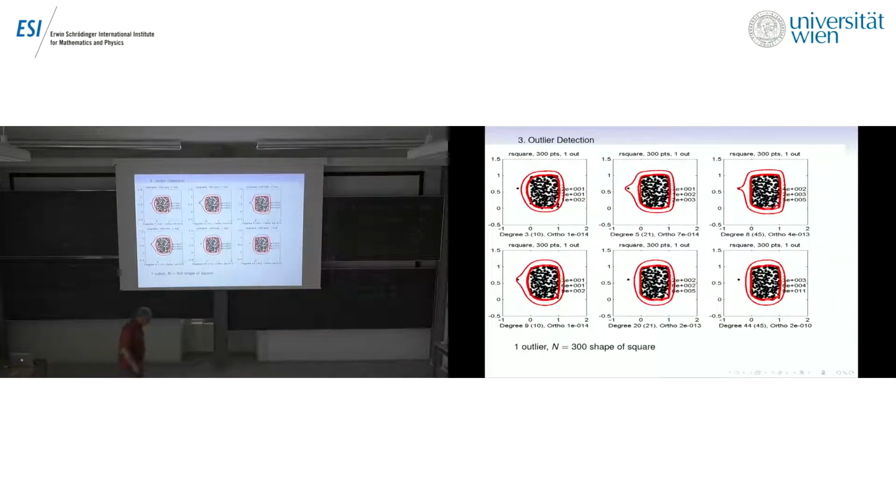Number 3, outlier detection. It's very fashionable nowadays to take big data and to try to separate outliers from the cloud. Here are some experiments. These are level sets of the Christoffel function. And they don't do extremely well, as you can see here. We have only 1 point outside.